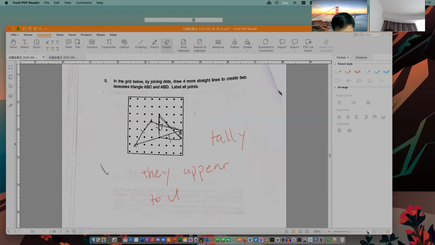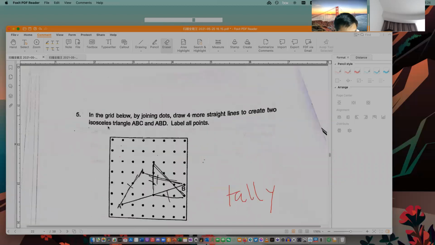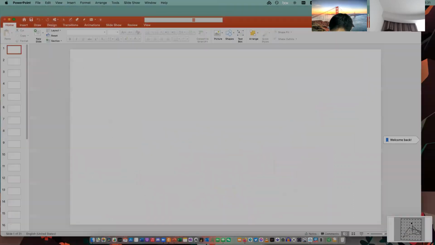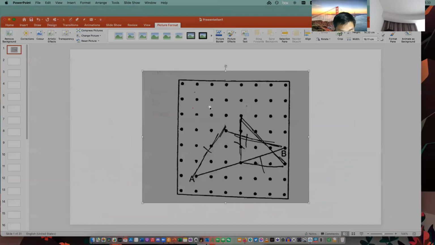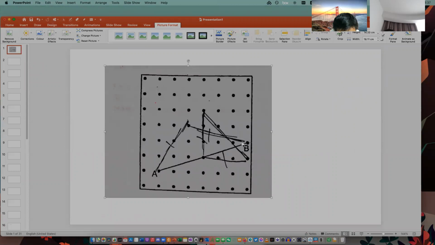But anyway, let me zoom in first so that I get a bigger diagram. Okay, let me do it here. Good. So this is your AB.